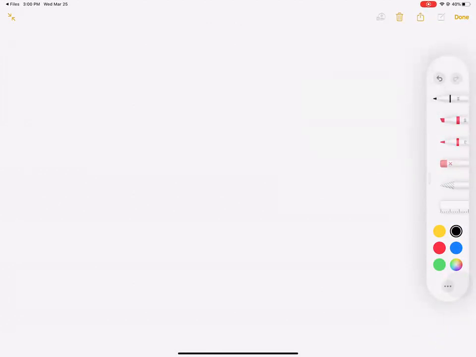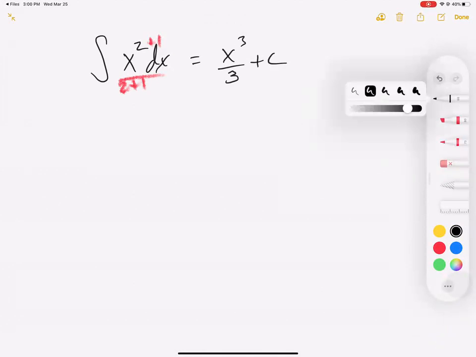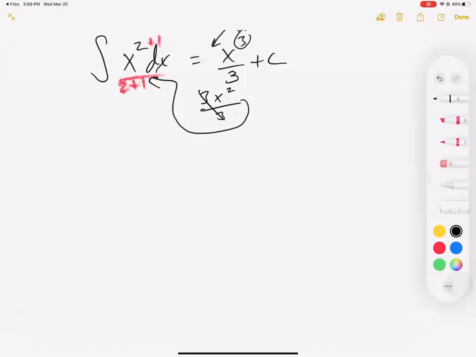We said the integral of x squared dx, just add 1, 2 plus 1, so this would be x cubed over 3 plus c. We can double check that by taking the derivative. Bring down the exponent: the 3 times x squared over 3 gives us back the x squared we wanted to start off with. So why is it that we need a special rule for 1 over x dx?